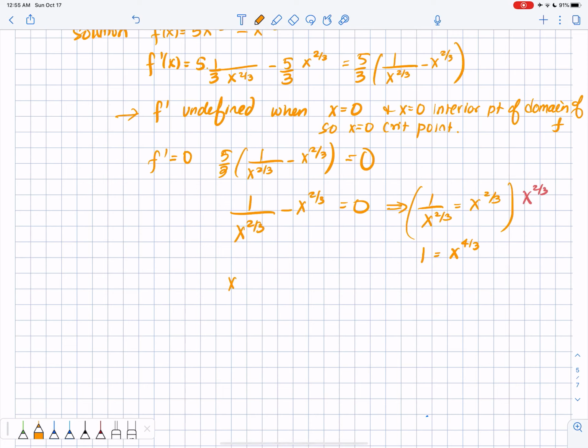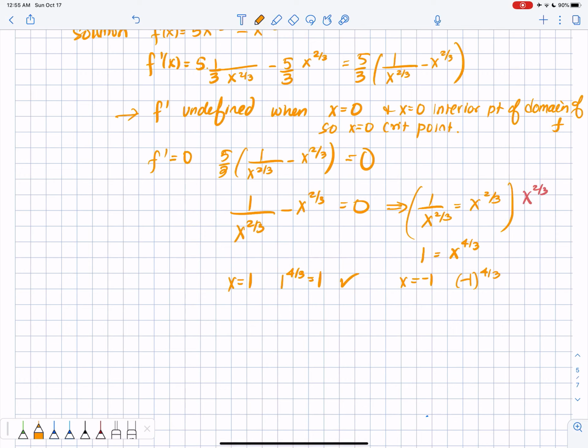Well, when x equals 1, x raised to 4 thirds is 1. So that's good. When x equals negative 1, x raised to 4 thirds, what is that? You have negative 1 raised to 4 thirds.